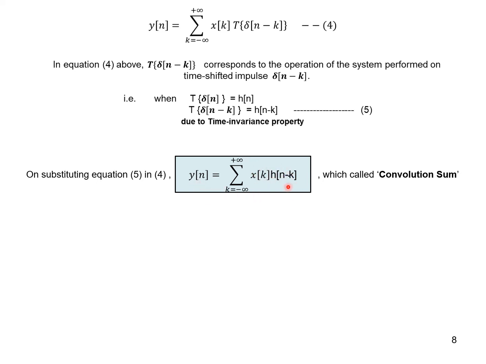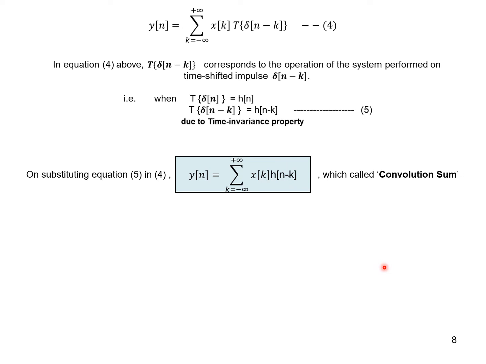So this is a very, very, very important result that you just now got by just having the properties of linearity and time invariance. I'll be putting more importance on this particular result I got out of our discussion.